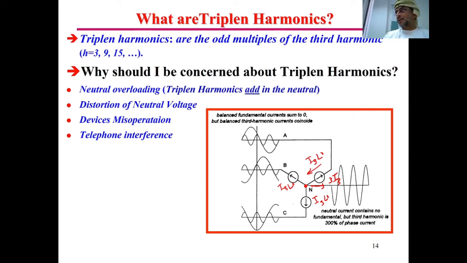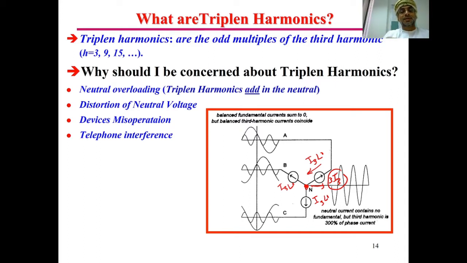If the system is balanced, the total current that goes to the neutral will be 0. But because we have harmonics, the third harmonics flowing through the different phases are in phase, so the total current that goes through the neutral will be 3 times the third harmonic current.